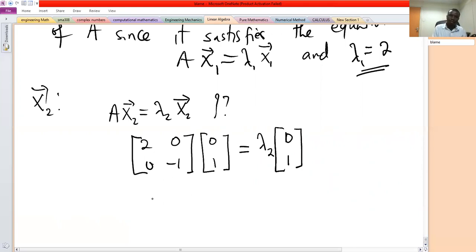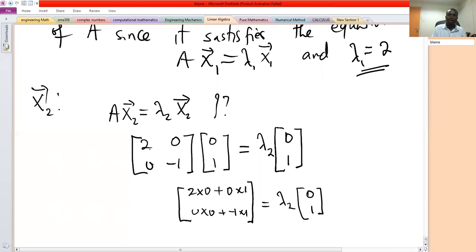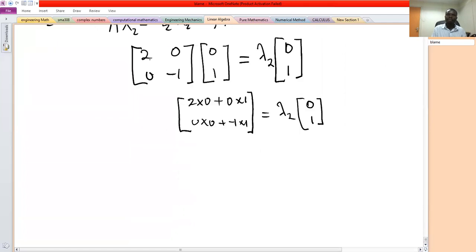So this will give us 2 by 0 plus 0 times 1, and 0 by 0 plus negative 1 times 1, to give us lambda 2 times 0, 1. Now 2 by 0 plus 0 times 1 is 0. This will be negative 1, equals lambda 2 into 0, 1.